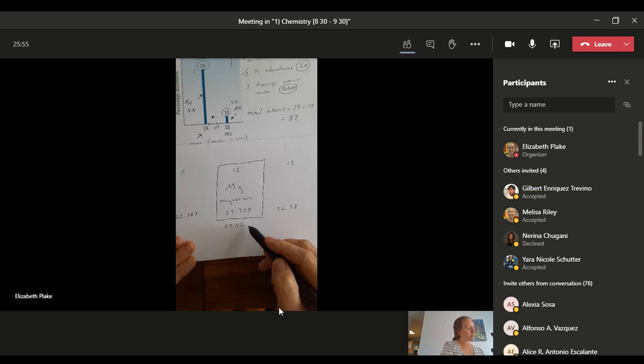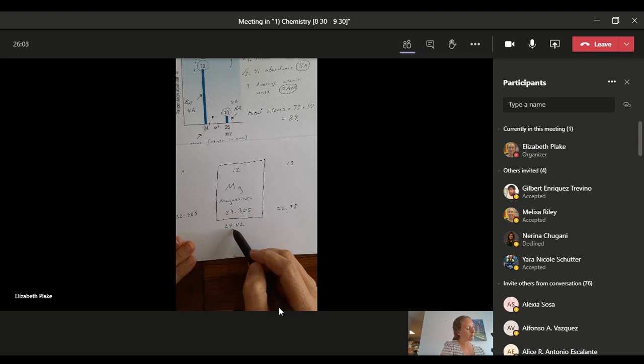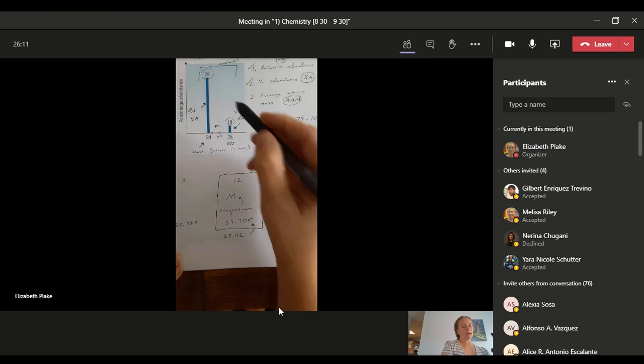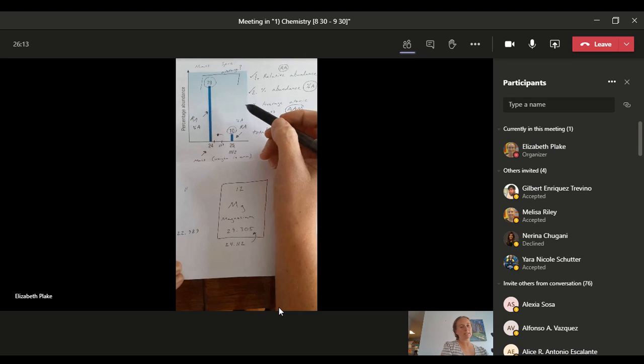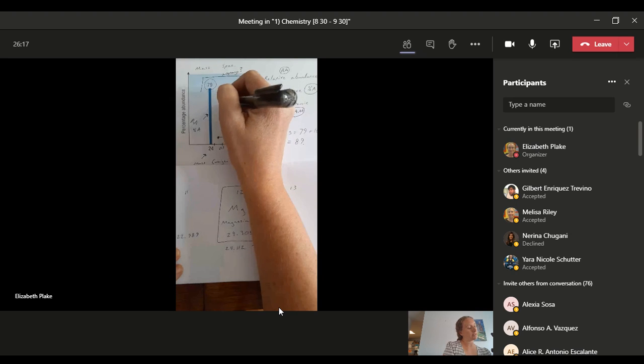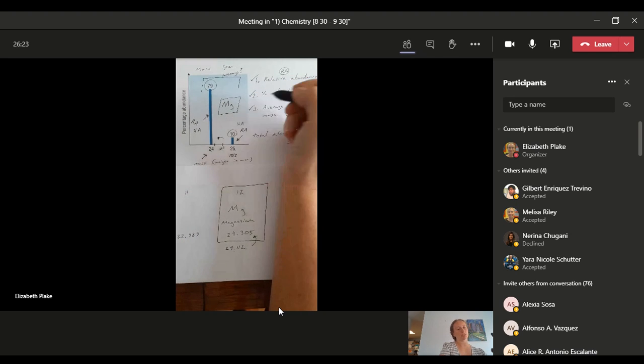The other elements around magnesium had masses that were 26.9 and 22.9. These are a bit further away from our 24.112. The closest match is going to be magnesium. So this element, the mass spec, based on our calculations, has to be Mg. This is magnesium. And we have solved for our average atomic mass.